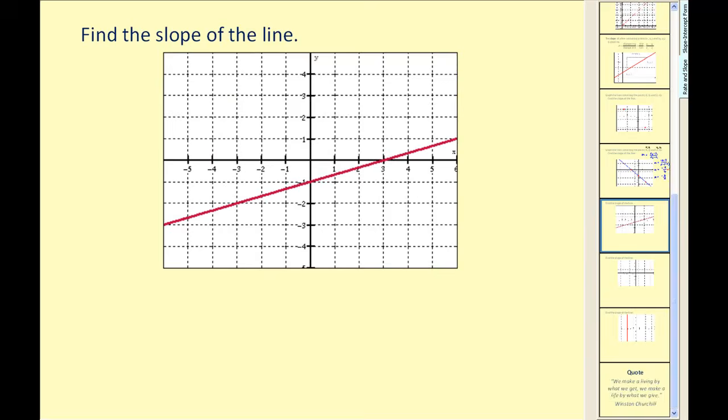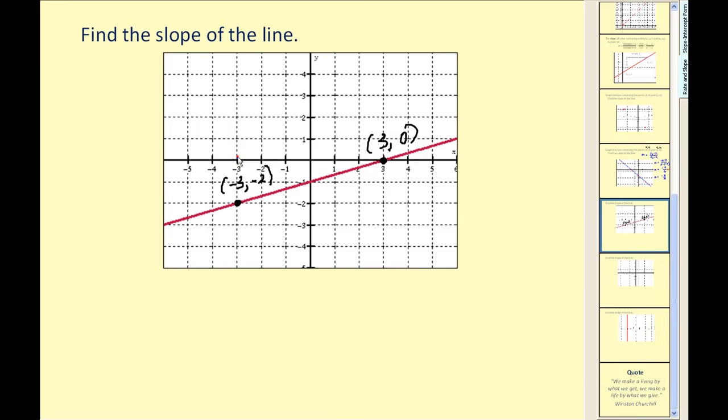Let's try another one. Here we want to find the slope of a line, but they did not give us 2 points. We have to determine our own 2 points. We can pick any 2 points on this line, but we want to pick 2 points where the coordinates are integers. So we may want to use this point here where the coordinates are (-3, -2), and maybe this point up here where the coordinates are (3, 0).